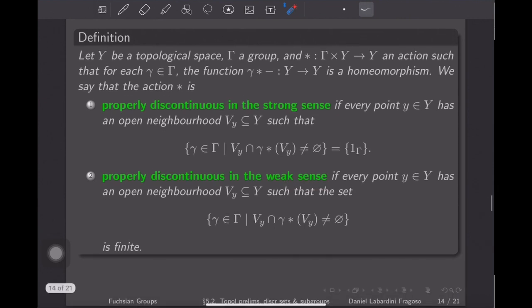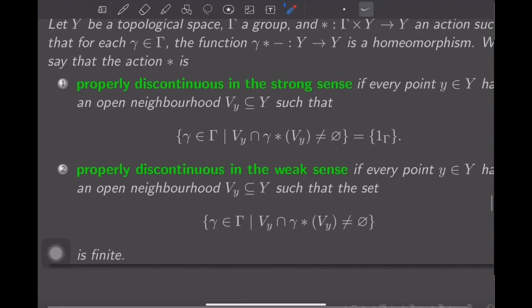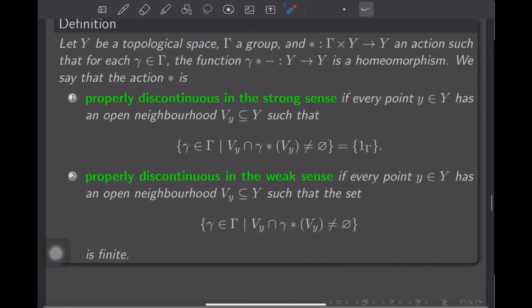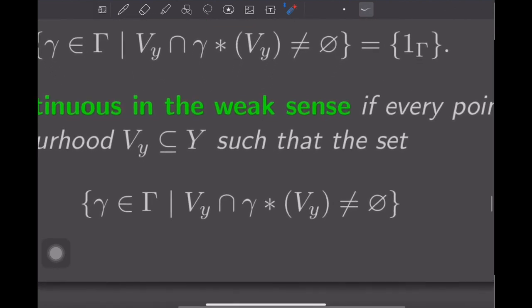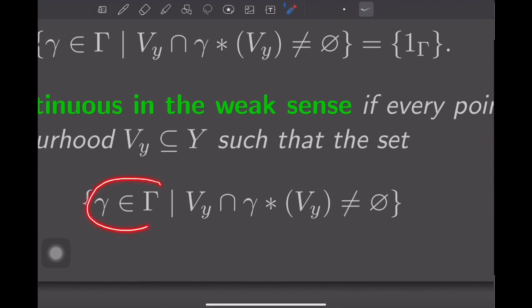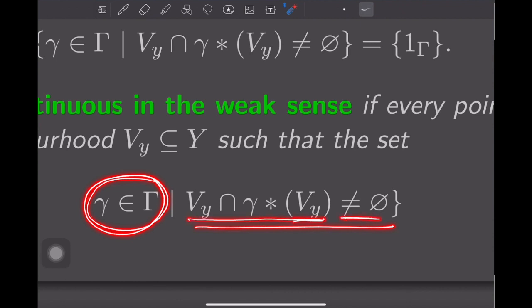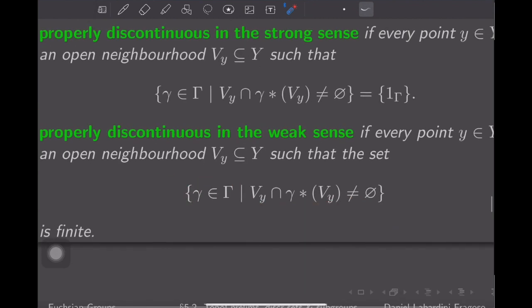Proper discontinuity in the weak sense is the following relaxation of this condition: that there be an open neighborhood Vy of my arbitrary point with the property that the set of elements of gamma that don't move Vy sufficiently far away, so that the intersection is not empty, is finite.